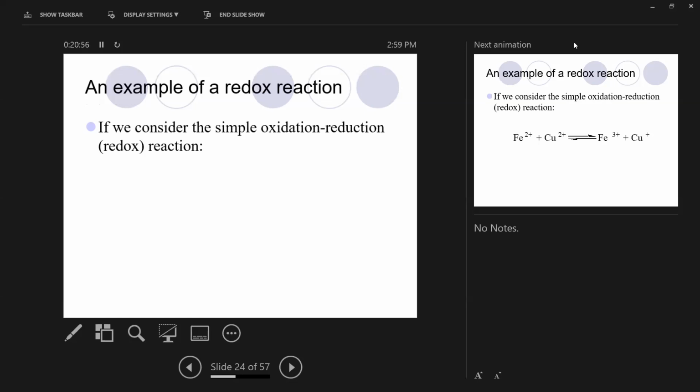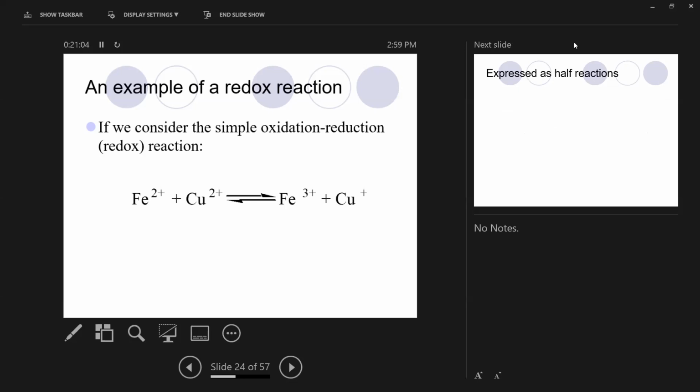Let's consider a really, really simple example, one I'm sure you've seen before. So we have iron 2 and copper 2, and iron will lose an electron to copper.